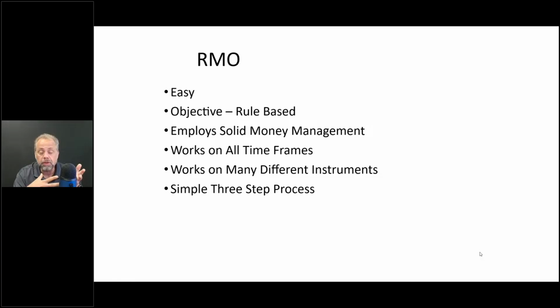But I like to show this one because it's built out of the box. It's called the RMO system. It's easy to understand. If I do my job well, you'll understand it. It's objective. I'm not basing any decisions on what I think is going to happen, but on what the chart is telling me. It uses stop losses and solid money management strategies to help you capture large pieces of a trend. And it works on a lot of different instruments.